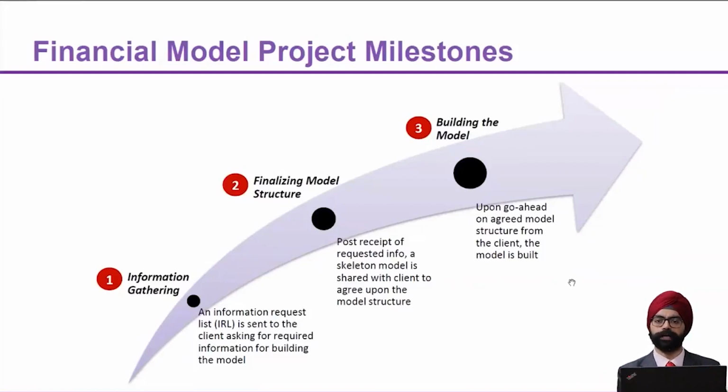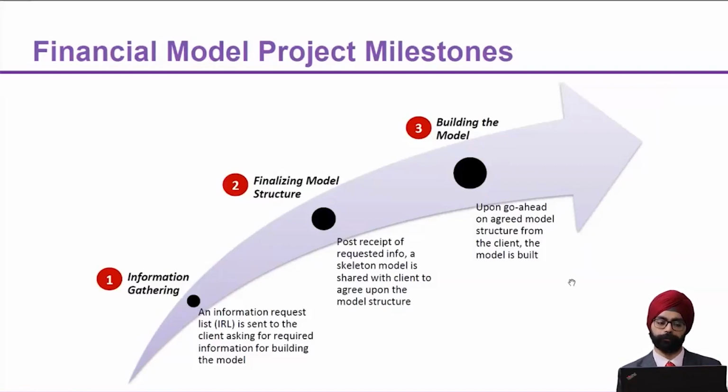Just incorporate that and get the financial model completed. And this is how the model building process is going to look. You start with gathering information, you finalize the structure, and then go to building the model, right? So these are the basic milestones that each one of us have to follow for working on any financial modeling assignment.